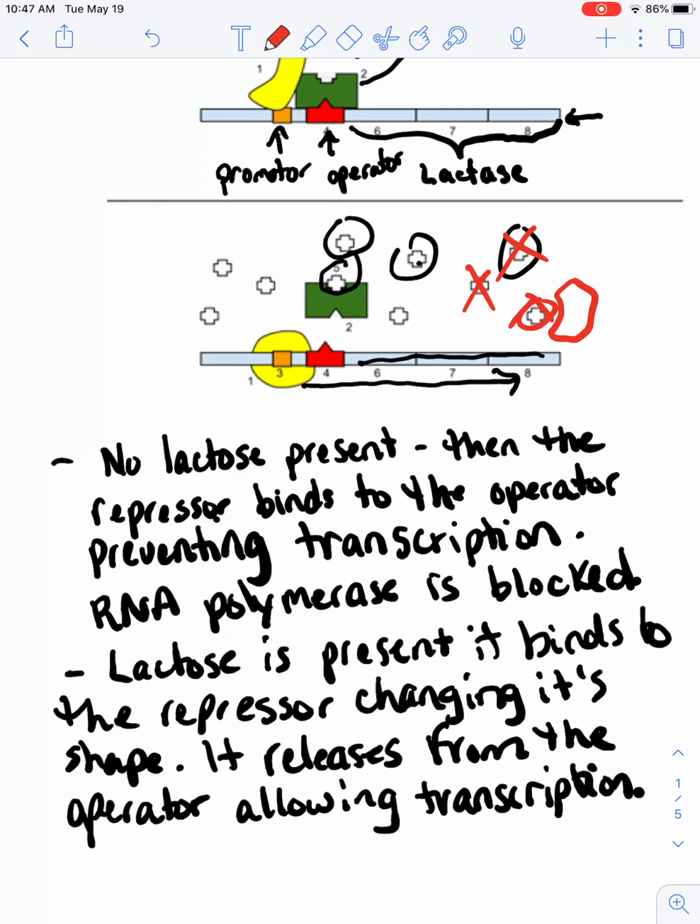So as the enzyme breaks down the lactose, it will get rid of the lactose in the system, including the one that's bound to the repressor. So when all of the lactose is broken down, the repressor will come back down and bind again to the operator and will prevent transcription and translation. Why? Because we don't need it anymore. All the lactose is broken down.